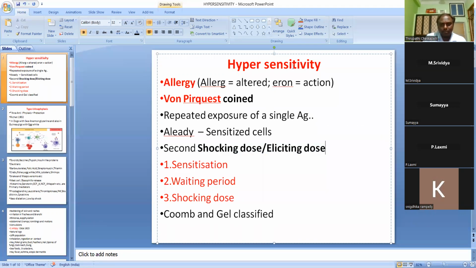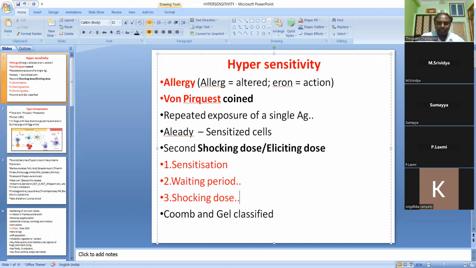Hypersensitivity includes three steps. One is sensitization, that means first entry of the antigen, followed by a waiting period. In this period, after sensitization, antibodies are produced, or our immune cells become ready.